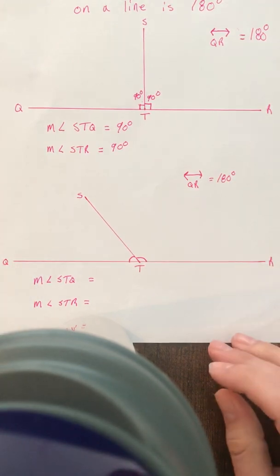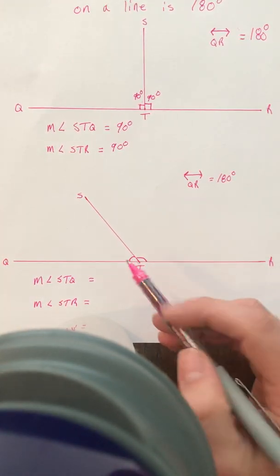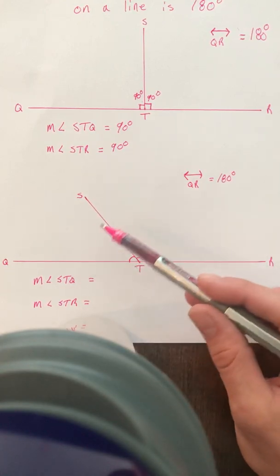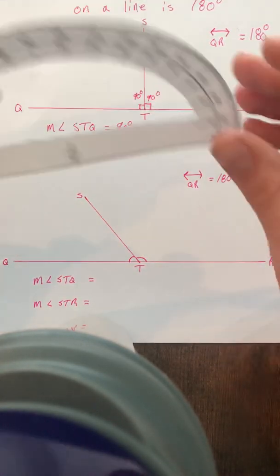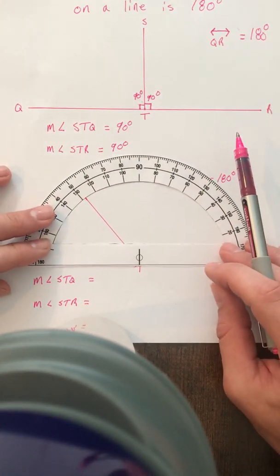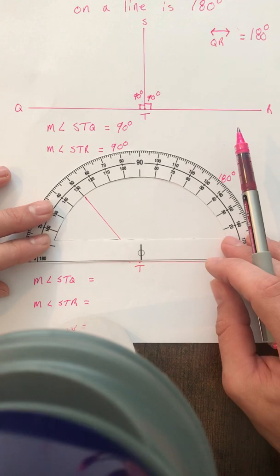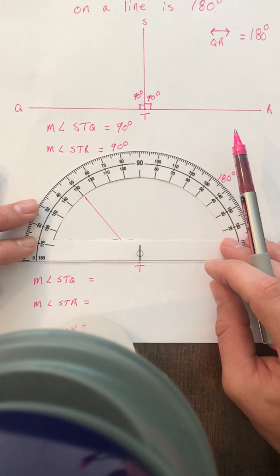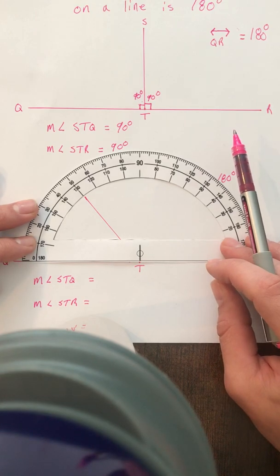So when I'm putting this together, I first want to find the angle measure of my line from Q to S. So finding that angle measure, I need to put the midpoint of my protractor on the vertex of my line. Put it there, I can get my measurement.